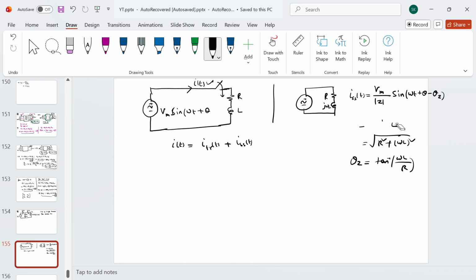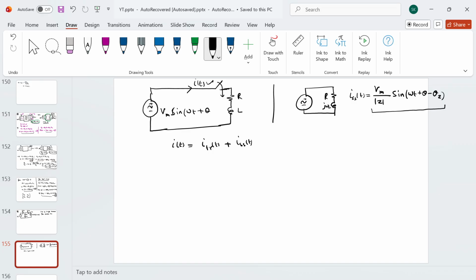But the moment you perform some switching action, the inductor doesn't allow a sudden change of current, so we have to consider that also in the analysis. The steady state current says this should be my current. But since my inductor was relaxed before the switching action, it will say I had zero current before switching, so I must have zero current after switching.